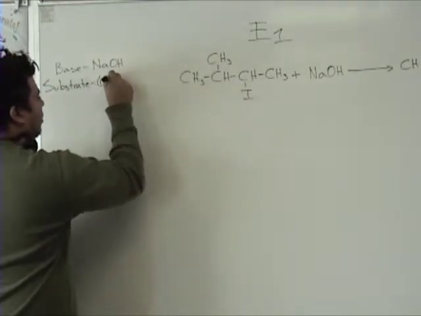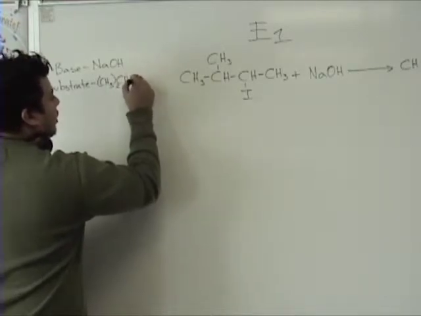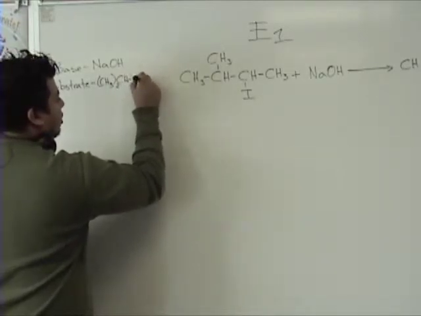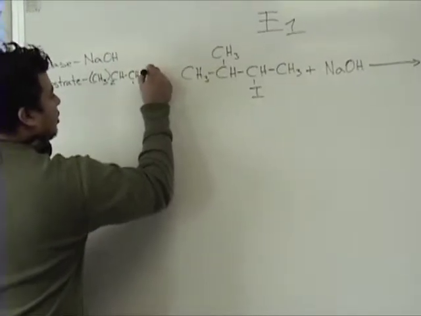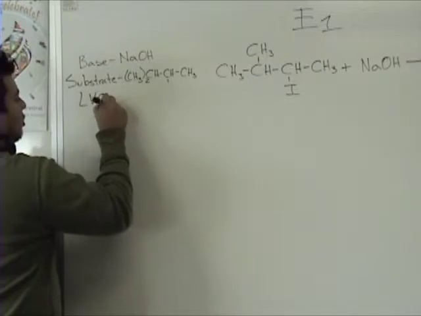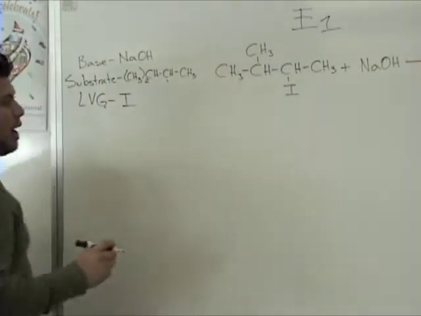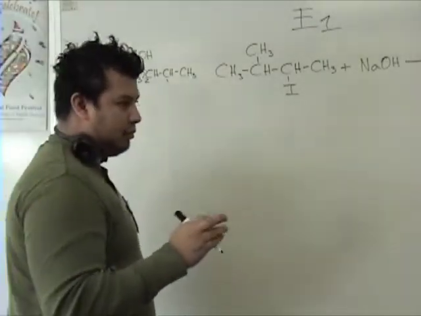So CH3, 2. Then I have a CH, another CH, and then a CH3. And then my leaving group, an excellent leaving group, I, which is a halogen.